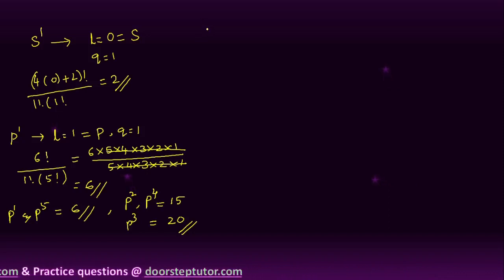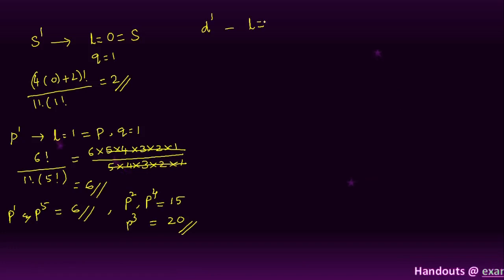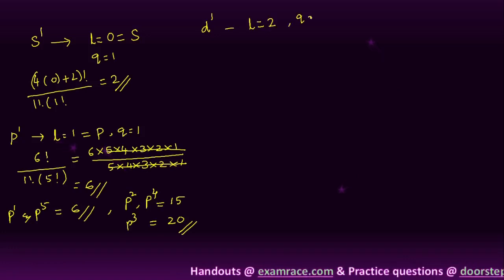Next we will move to the D configuration, students. For a D1 configuration, the L value for a D orbital is equal to 2, we know very well. Here we have only one electron, that means Q is equal to 1.